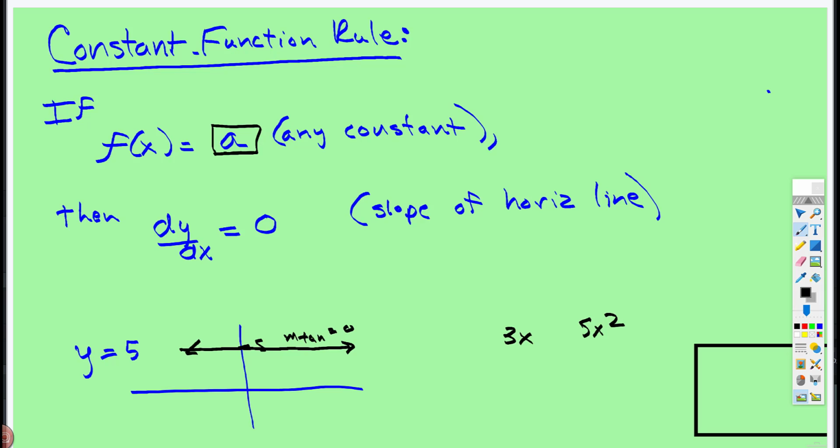The tangent line would actually touch that entire line because it's just a straight line. So the slope of a horizontal line is 0. So the constant rule: anytime you have a function equal to a number, the derivative is always 0.